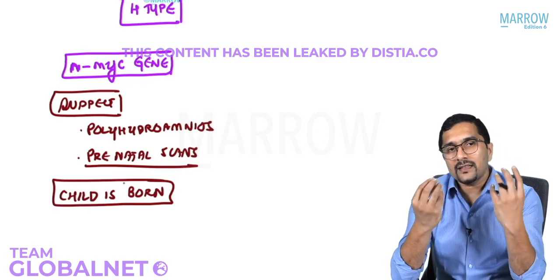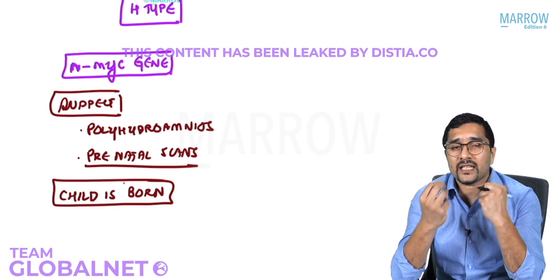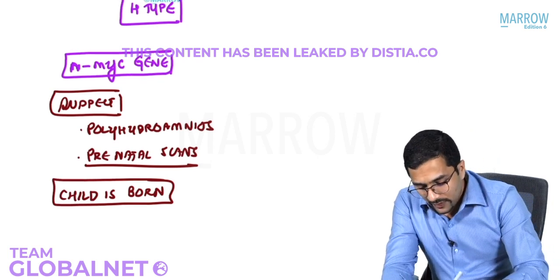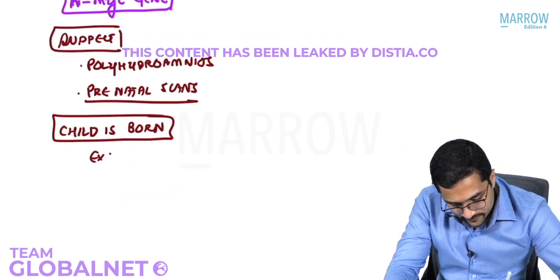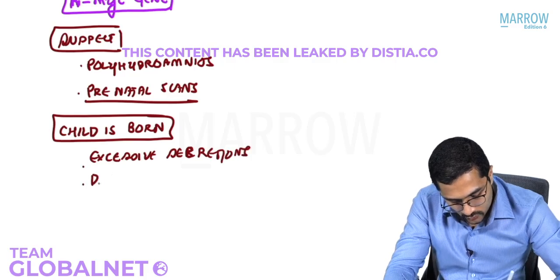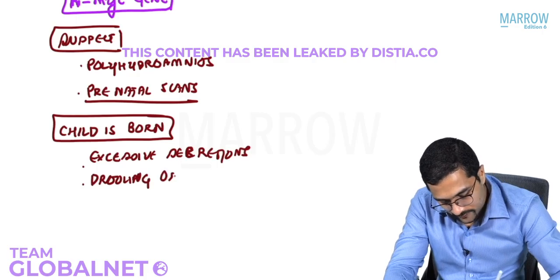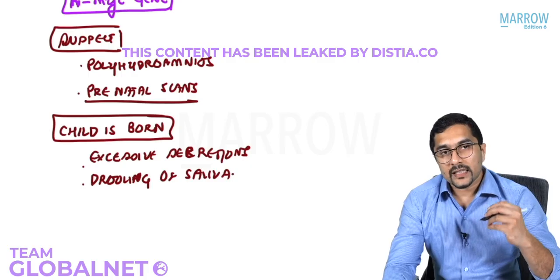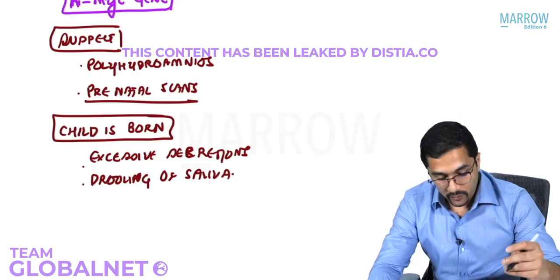Now, there can be certain children where there can be excessive secretions in the oral cavity, right? So if you have excessive secretions, or there is drooling of saliva, where saliva is just dribbling out of the mouth, then we should suspect that these patients might have some problem.